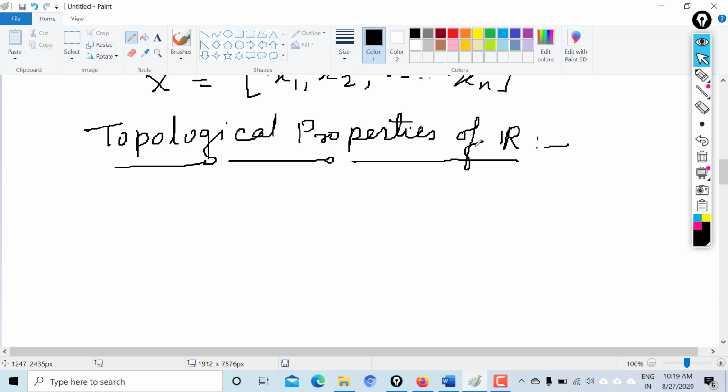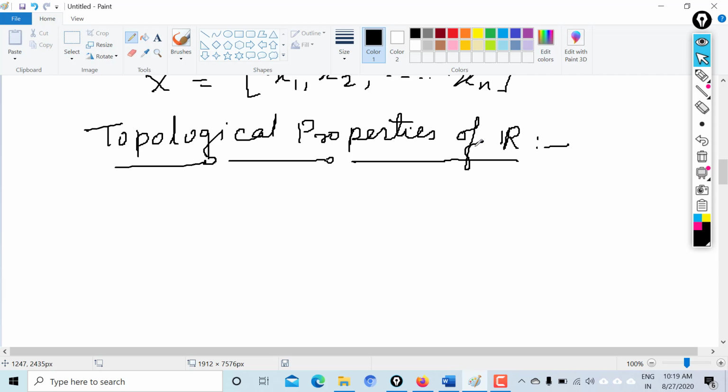So a topology on a set omega is a family of open sets, and omega is closed under the operations of arbitrary union and finite intersection. So this is the topological property of R.